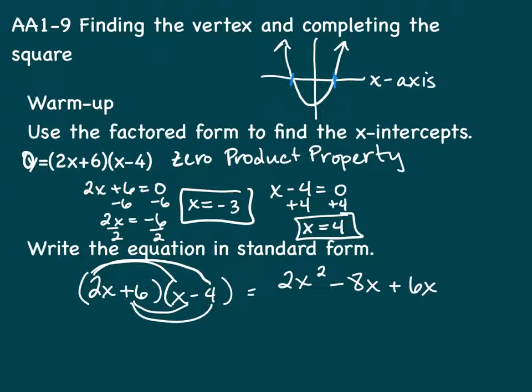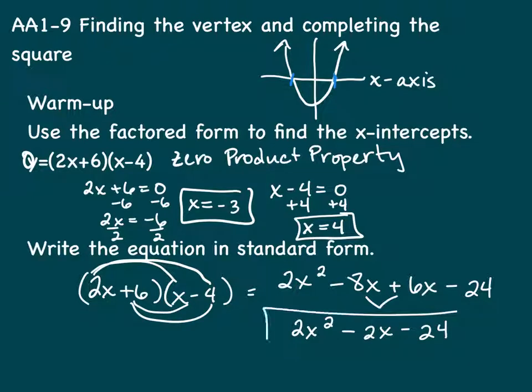And 6 times negative 4 gives me negative 24. I'm going to combine my like terms, so I've got 2x squared minus 2x minus 24. So that is my standard form.